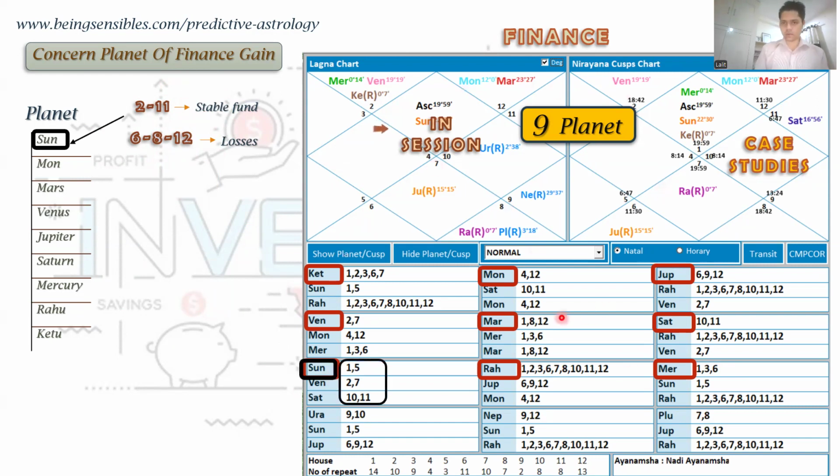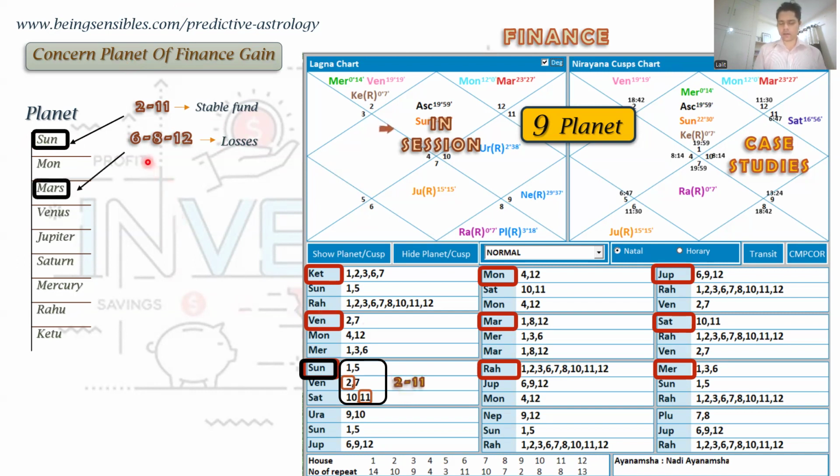Here I took a screenshot of one individual's chart with the 9 planets and their combinations. In the session, you also get an idea of your combinations and how to make sense of them: which planet in your chart is good for you and which is not. In this case, the Sun has 2, 11, which is always good.